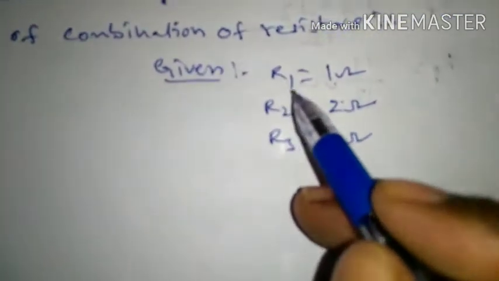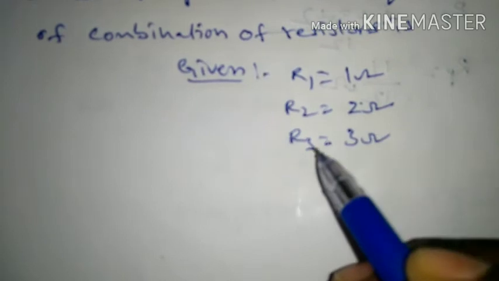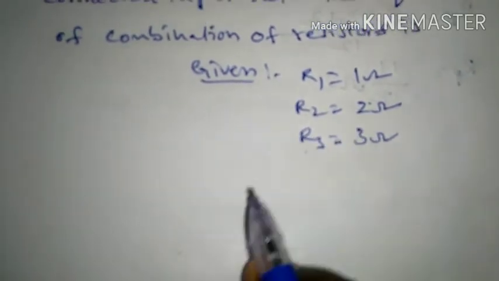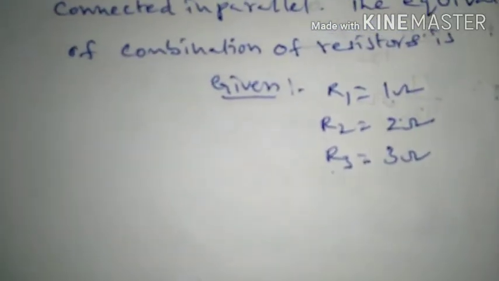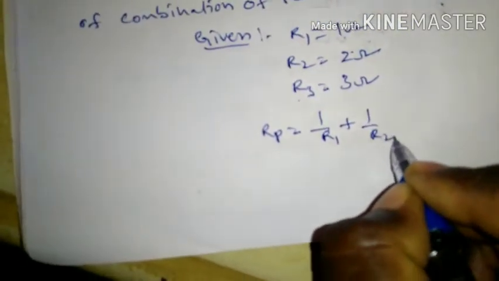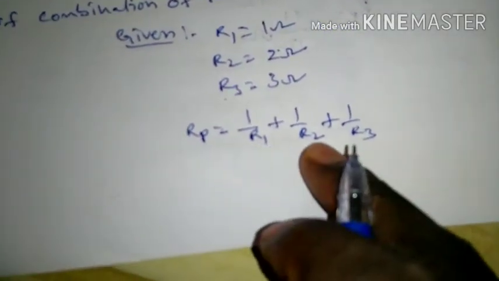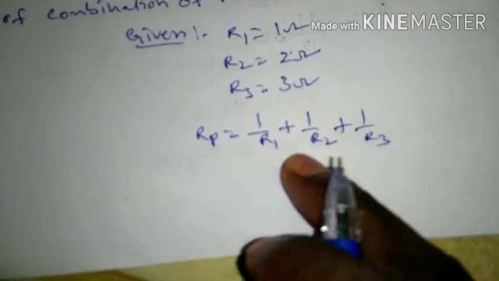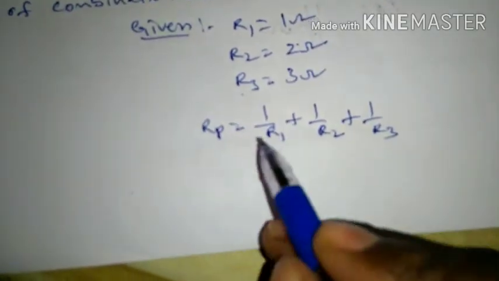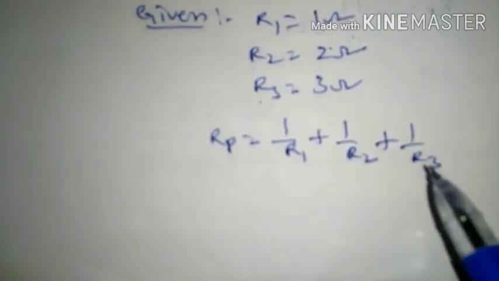Given data: R1 is equal to 1 ohm, R2 is equal to 2 ohm, R3 is equal to 3 ohms. This is the parallel combination formula: 1 by Rp is equal to 1 by R1 plus 1 by R2 plus 1 by R3.